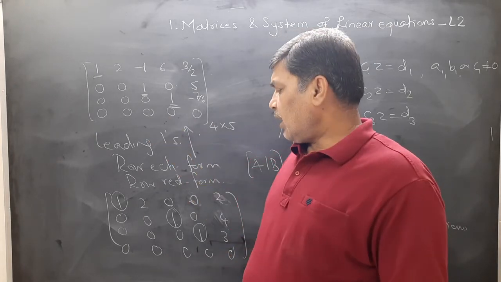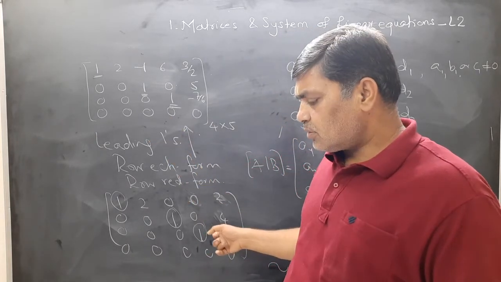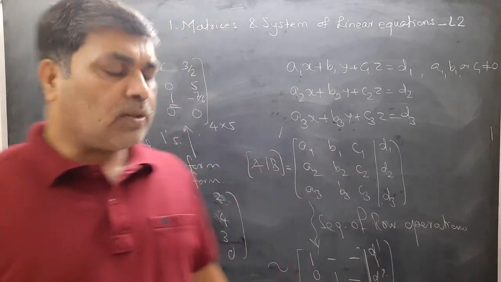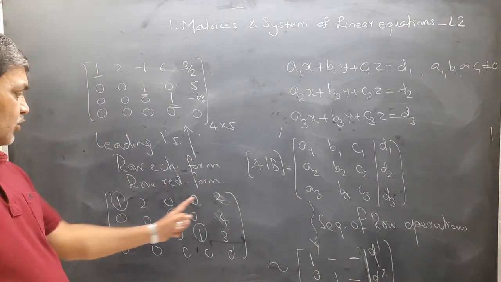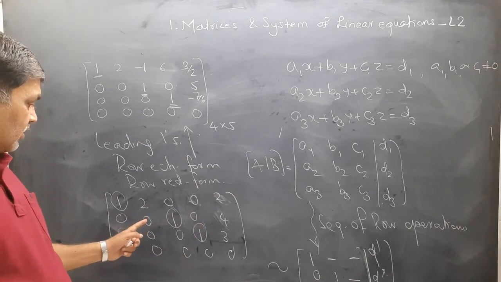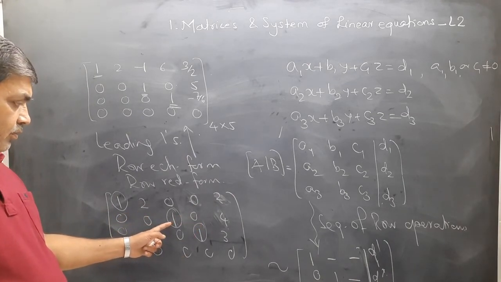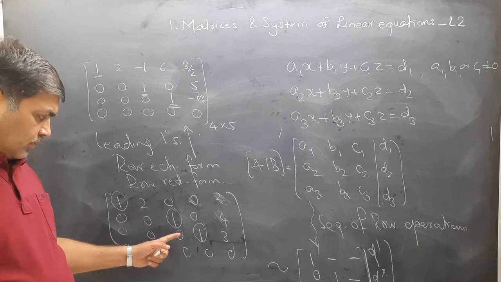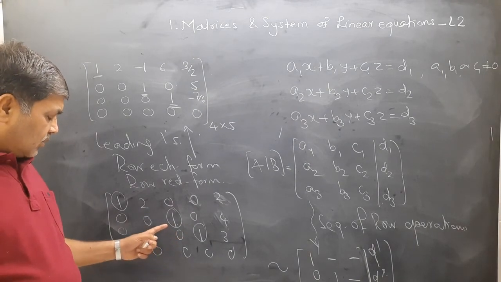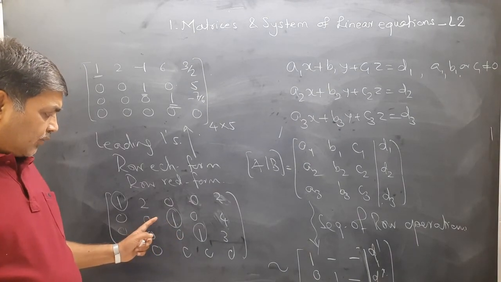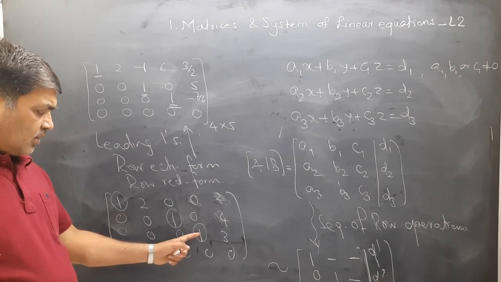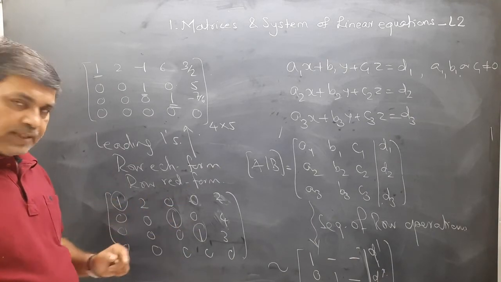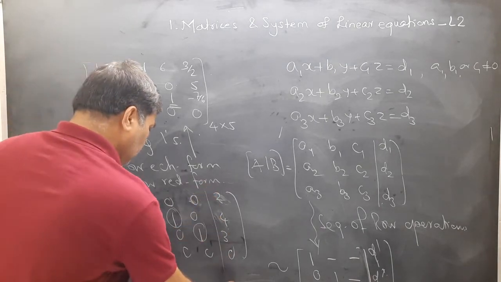And with the help of the row reduced echelon form, I get in the reduced system, say x is equal to 2, then y you have to find out, then z, this is x, y, z, w, and this is your row echelon form.